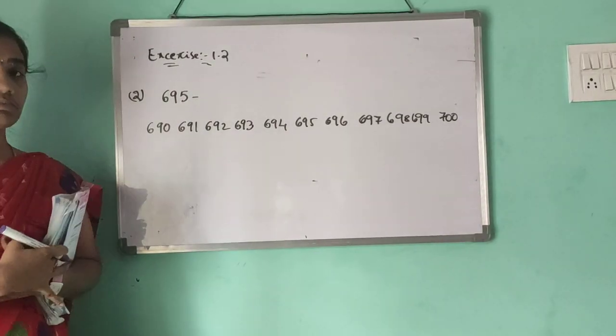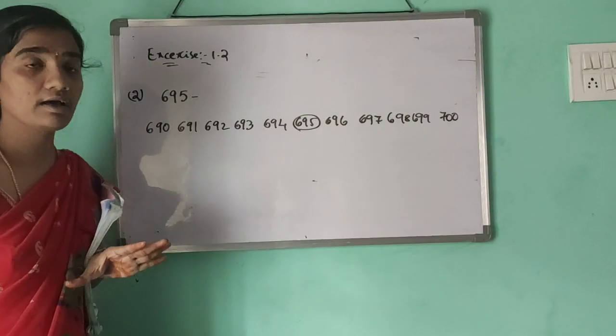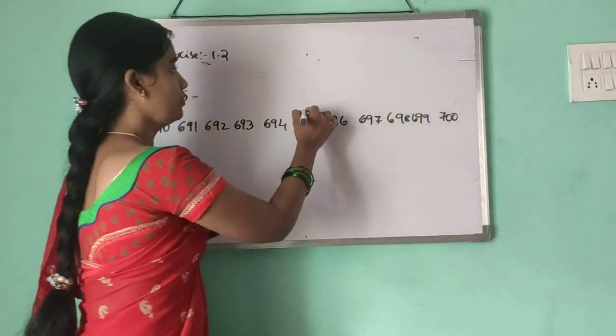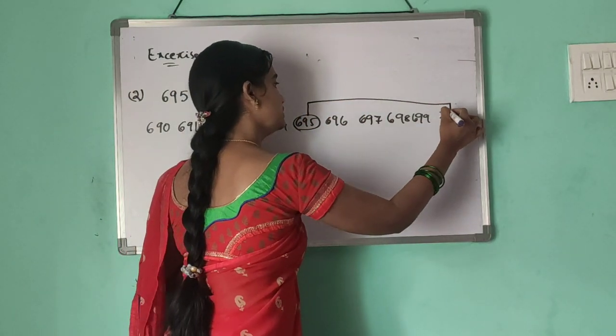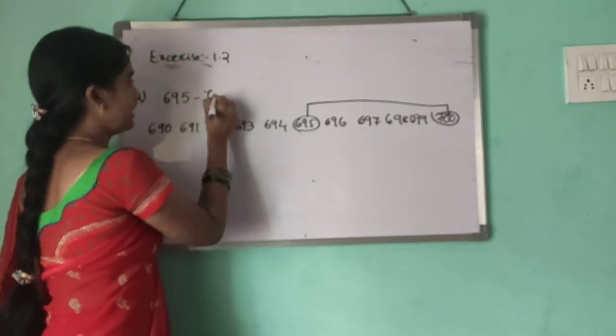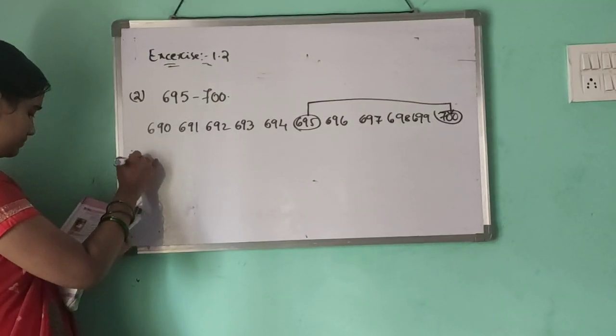Which one is the hundreds place? 690 is not a hundreds place, so we move on to the next: 700 is the nearest hundred of 695.